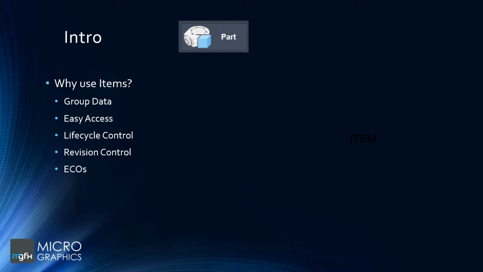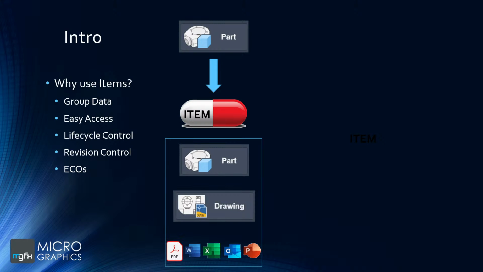If I step this back, you could go into Vault, you could find the part, you can find its related item. So you can actually do a search for, let's say, that part number, find the item, and then open up that item and view all the information related to that item. So you would have the part, you would have the drawing, and you would have any other documentation relating to that item available in there.